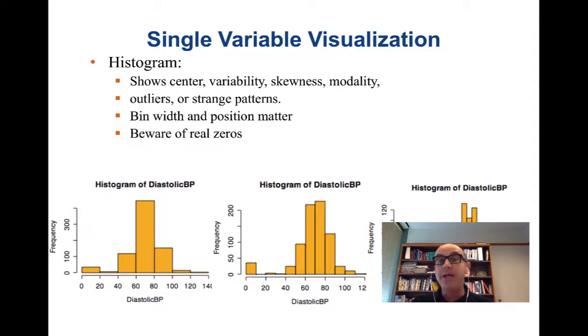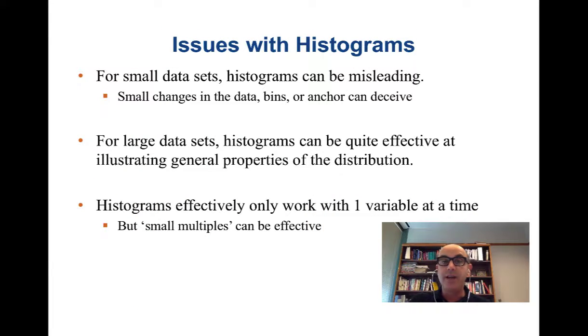Be aware of the real zero, because sometimes you will lose the vision of the histogram. The issue is that for small data sets, a histogram can be misleading. Remember that small changes in the data will not be detected by someone else, so this is very important.